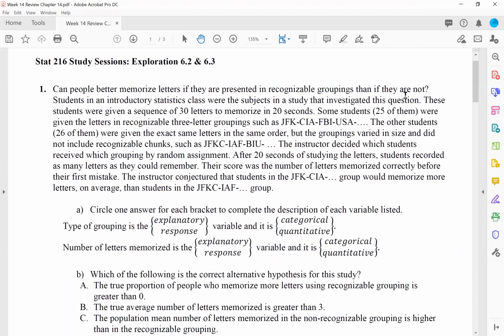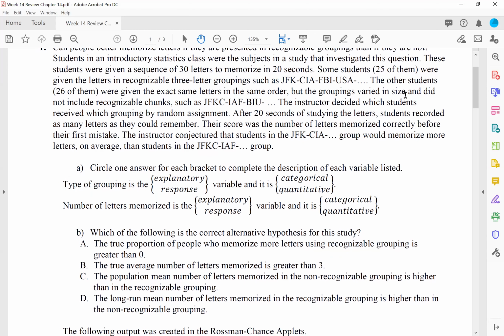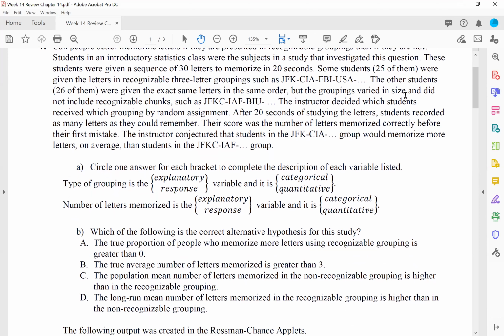Students in the class were given a sequence of letters to study for 20 seconds, grouped into recognizable examples like USA. The other students were given the exact same letters in the same order, but the groupings varied in size and did not include examples.